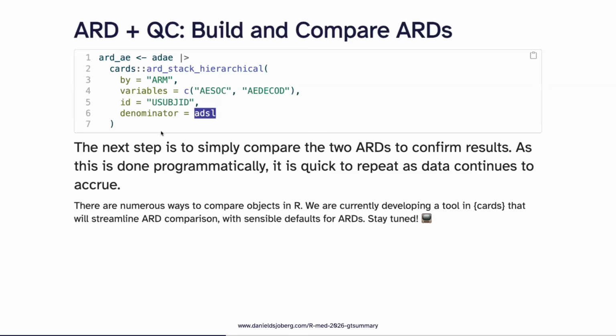There are various ways for comparing two data sets in R. In the cards package, in the dev version that's available on GitHub, there is a function called compare ARD, and it really helps you compare ARDs. It's not a complex comparison because it is just two data sets, but at the end of the day, that function has a lot of built-in defaults that make it very easy to compare two of these things.